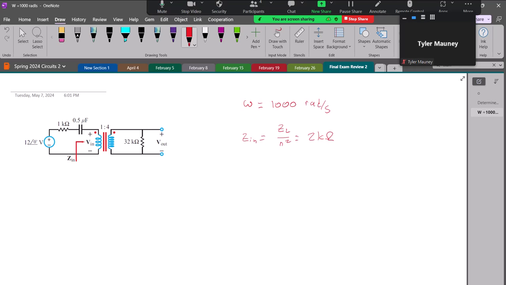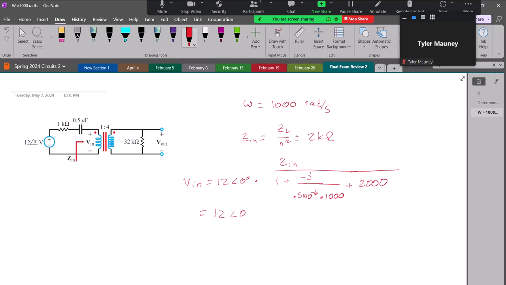But this time when we do voltage division, we have more stuff on the left-hand side. So Vn will equal 12 angle 0 degrees times Zn over 1 plus minus j over 0.5 times 10 to the negative 6 times 1,000, plus 2,000.